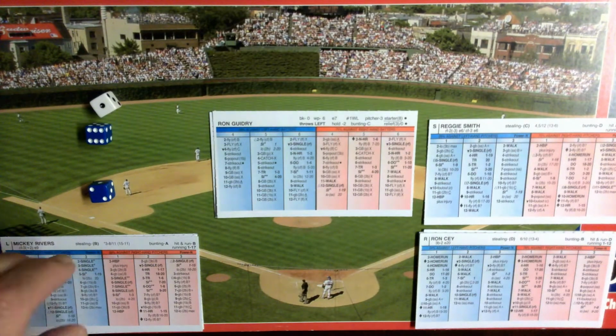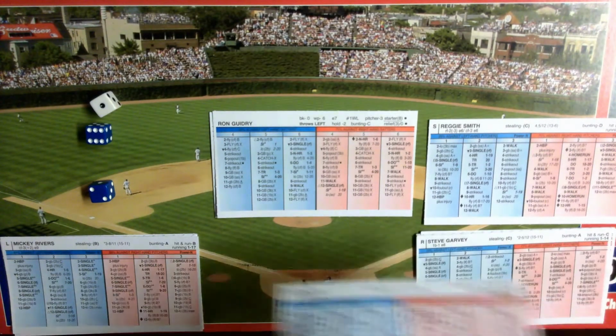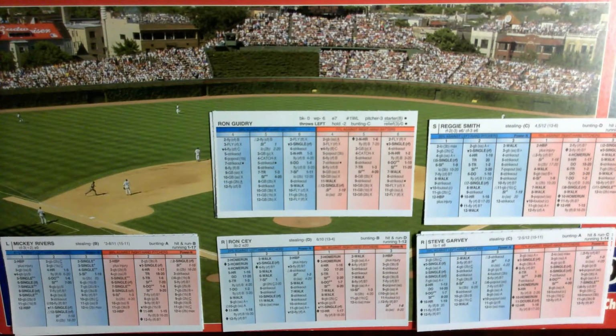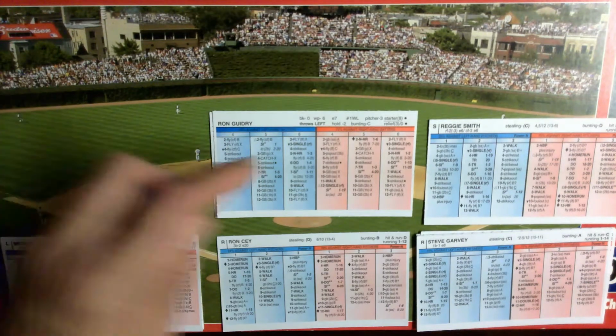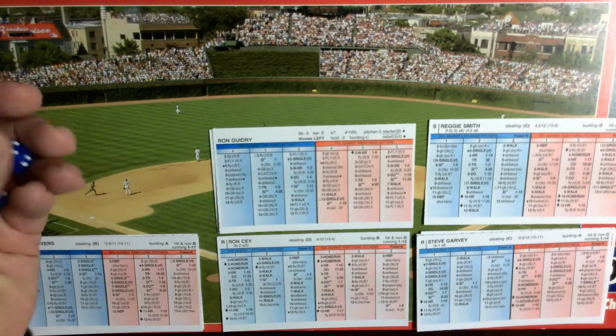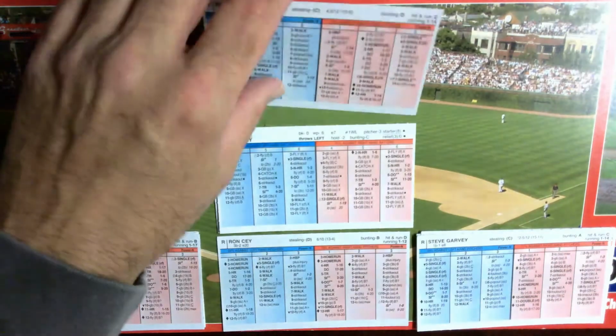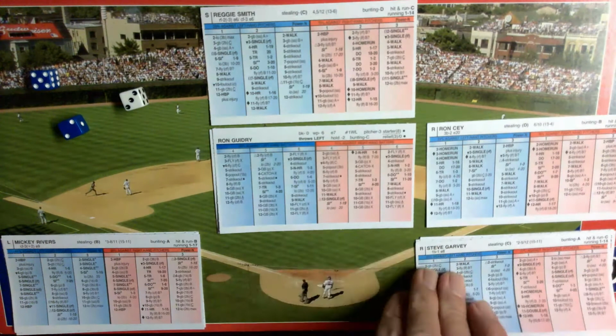So 1 aboard with 2 down for the right-handed batting third baseman Ron Cey. Infield is back, looking to make the defensive play. That's a 3 and a 7 against a left-handed pitcher, and that's another walk. So Guidry had gone 5 innings without issuing a walk, and now he issues back-to-back walks to Smith and Cey.